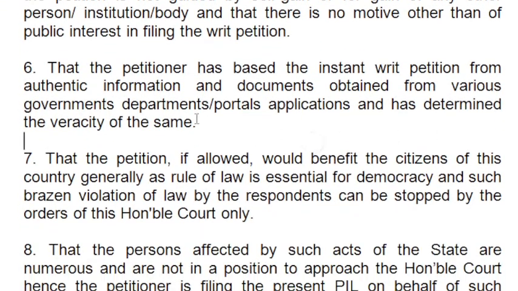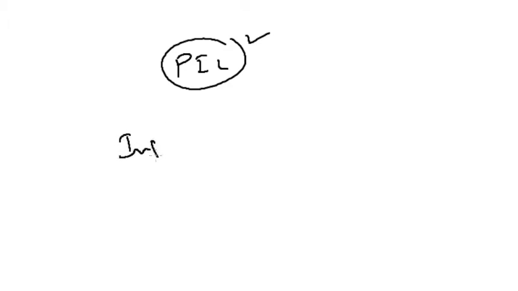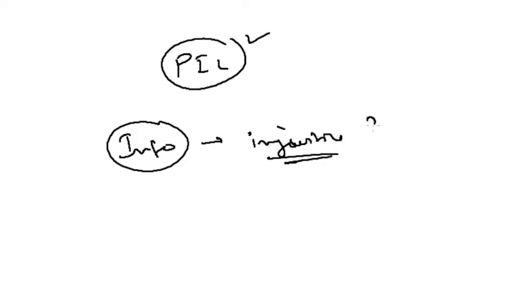Alright, next point: the petitioner has based the instant writ petition on authentic information. So basically, if you are filing this PIL, you must have information regarding something. You are saying that injustice is going on. How do you know injustice is going on? You must have got information regarding certain things.